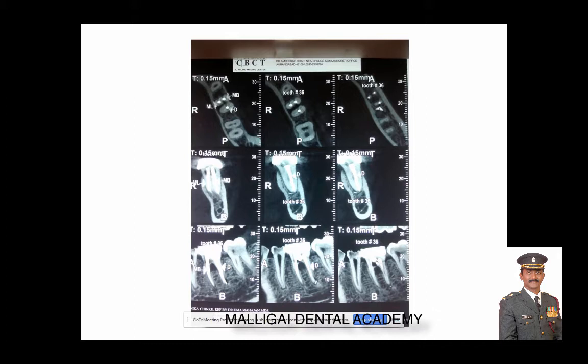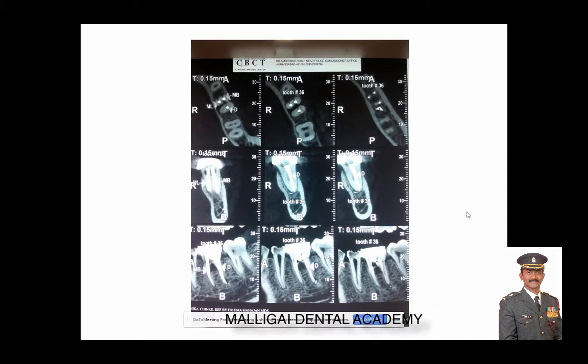Earlier, we would have to scratch our brains to know what could have possibly gone wrong. We would have to open the tooth, check each and every canal, and then arrive at a diagnosis. With the endoscan available today, we can arrive at a probable diagnosis looking at the scan images itself.